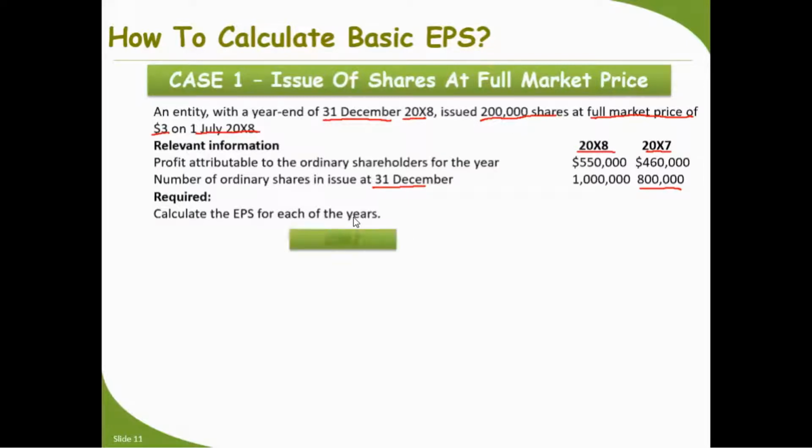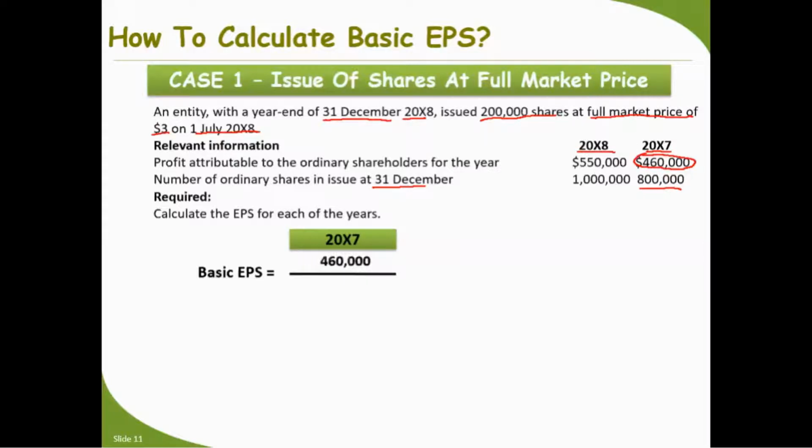First of all, this is 20x7, the previous year. In the previous year, you have not issued any new shares. So your profit attributable to ordinary shareholders is given to you, which is 460,000. That is the numerator.